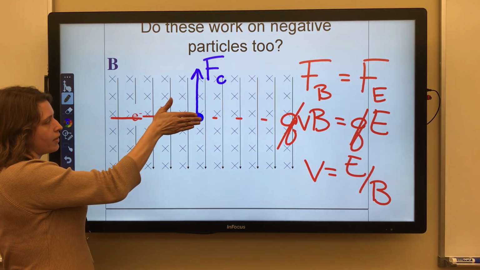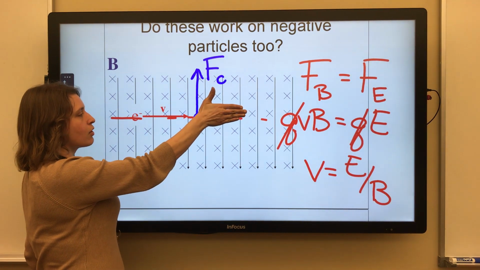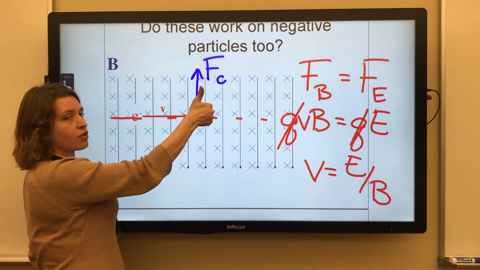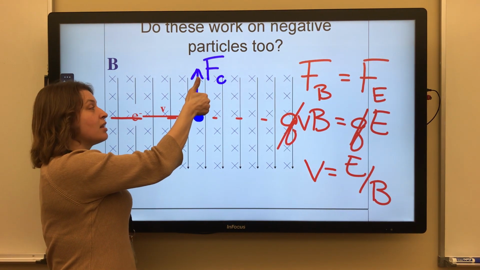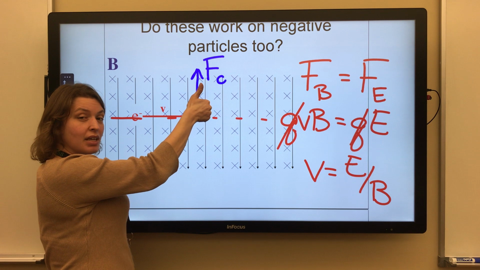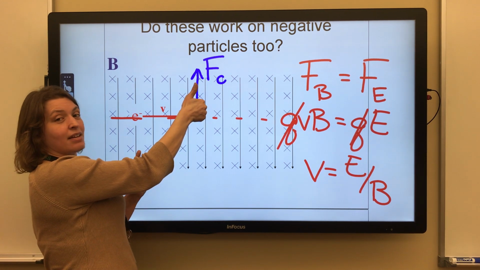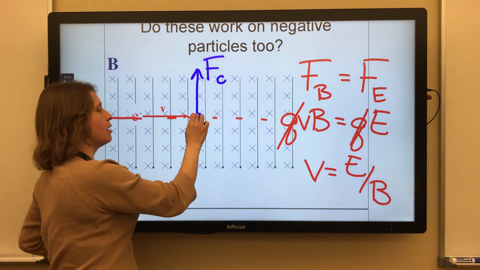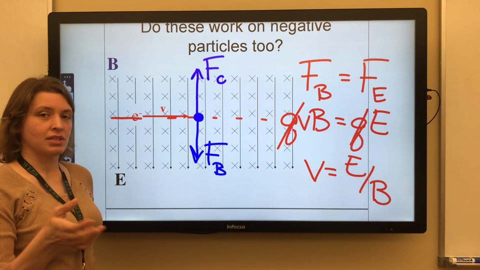So I'm going to line my fingertips with the direction of the velocity. It's moving this way across the board. And then I'm going to curl my fingertips towards the direction of the magnetic field strength. And my thumb is now giving the direction that the magnetic force would be on a positively charged particle. But this is a negatively charged particle, so it's actually downward. And so our Lorentz force or magnetic force is downward.